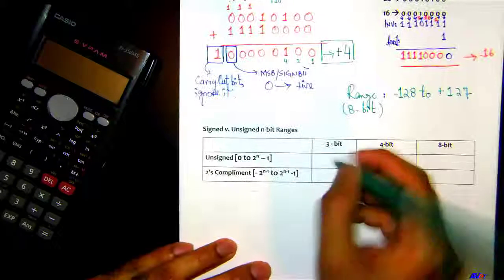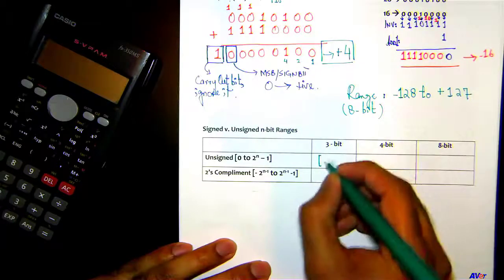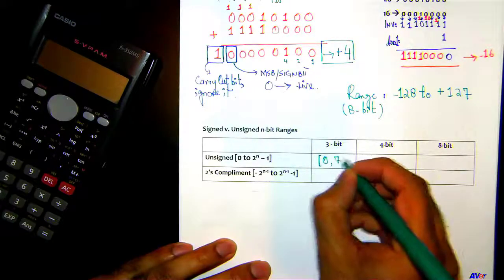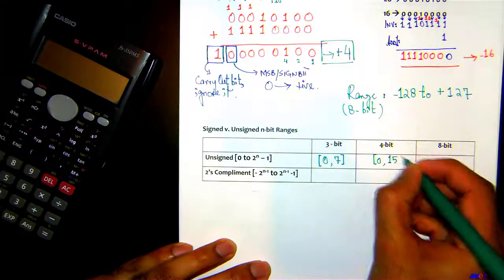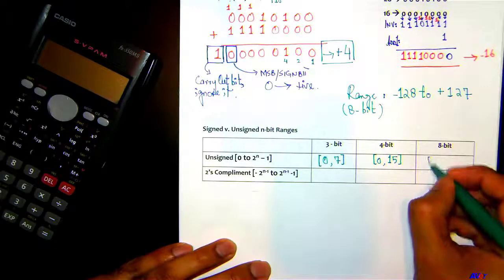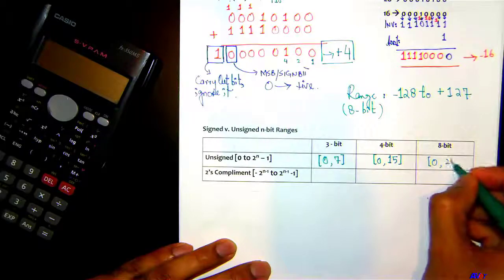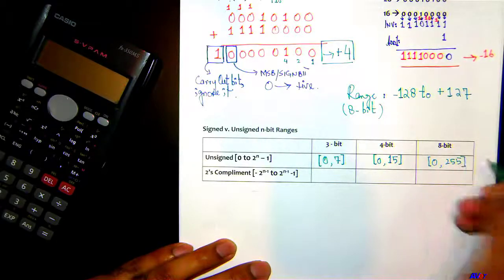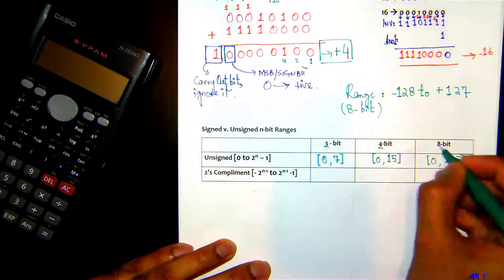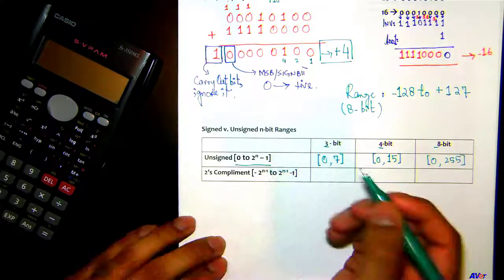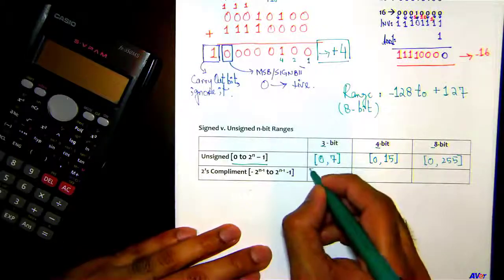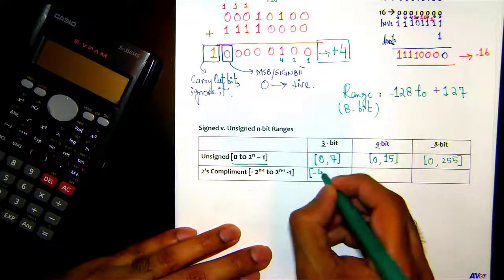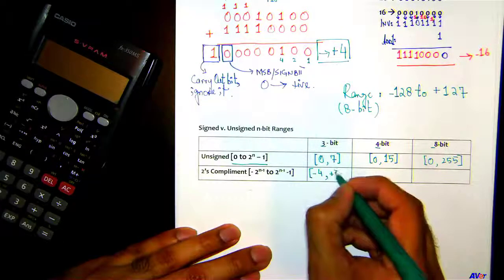Unsigned was pretty simple, right? This will be 0 to 7 right here. 4-bit went from 0 to 15. And 8-bit was 0 to 255, right? Just plugging in these values in this equation. For 2's complement, this is going to be negative 4 to positive 3.